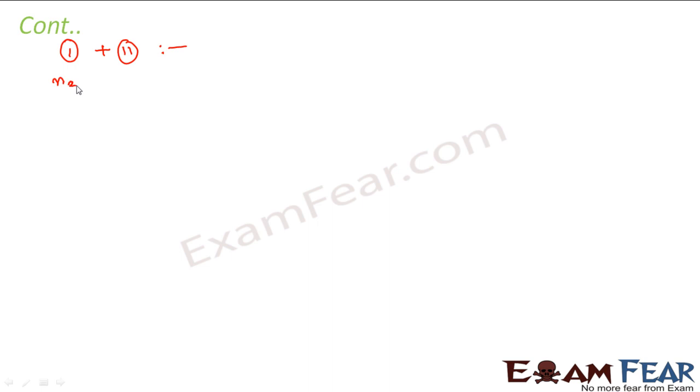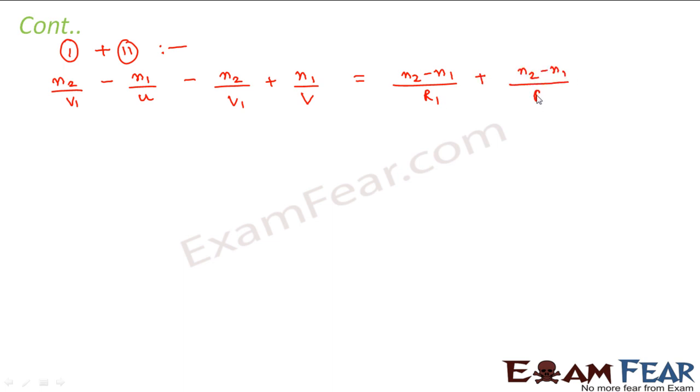So this will give n2 by v1 minus n1 by u minus n2 by v1 plus n1 by v is equal to n2 minus n1 by R1 plus n2 minus n1 by R2. So this n2 by v1 minus n2 by v1 will get cancelled.